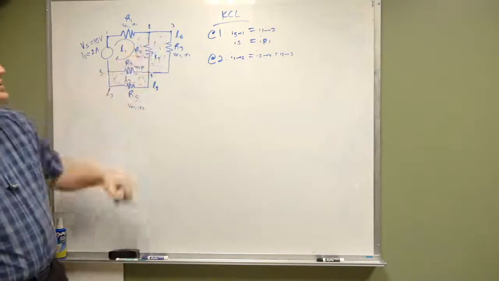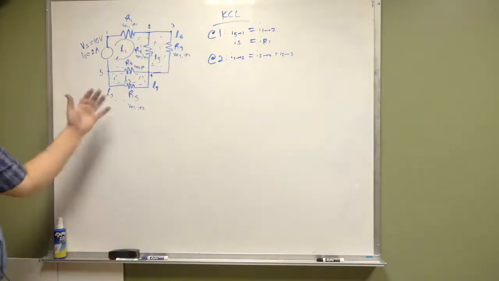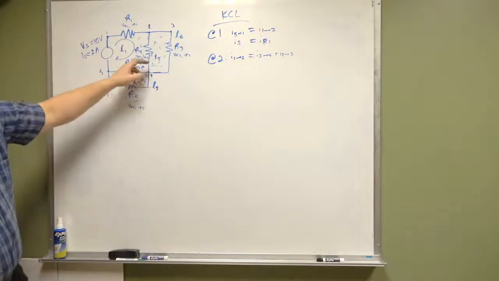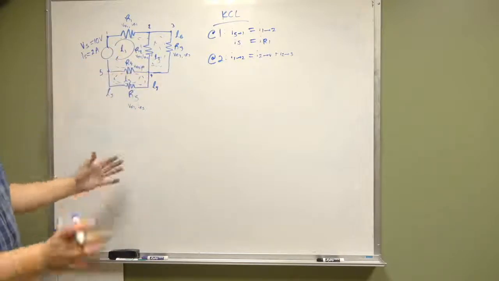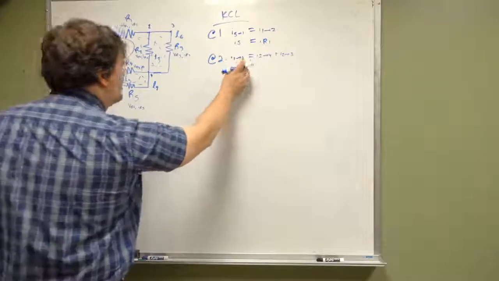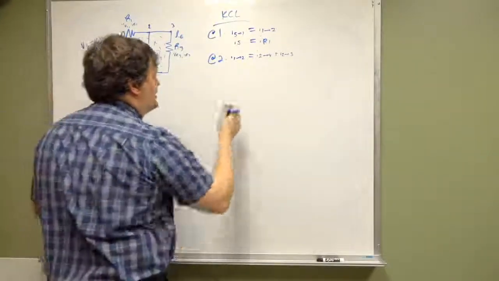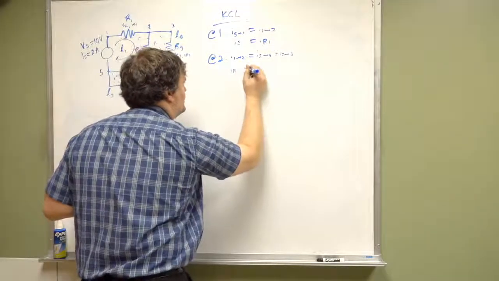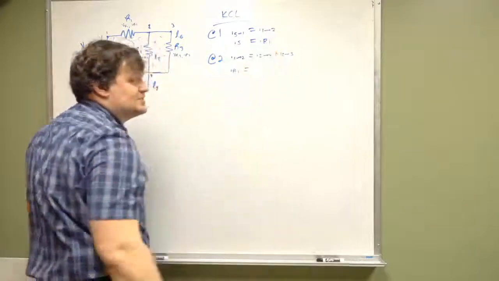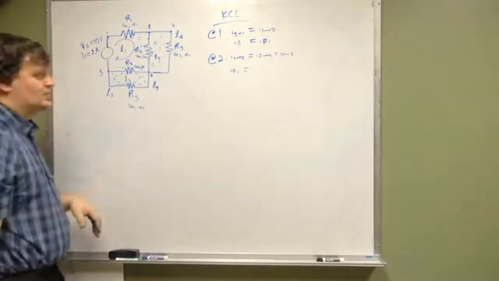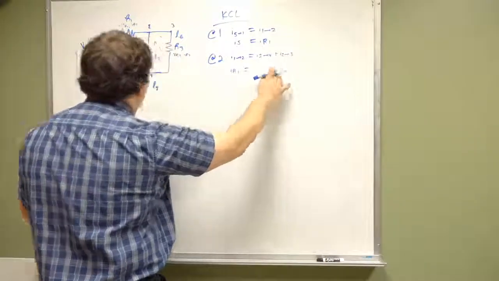Now because we have a node there, we're not going to assume that's the same. Let's figure out I1 to 2, which is the current going through component R1. So this becomes IR1. We already know what IR1 is because it's IS. IR1 is equal to the current going from 2 to 4.